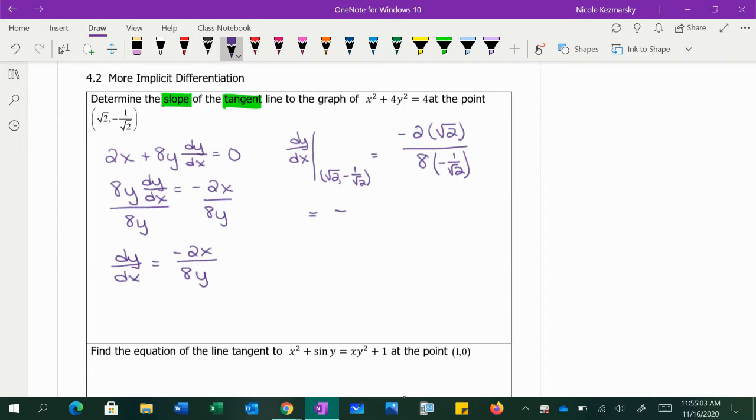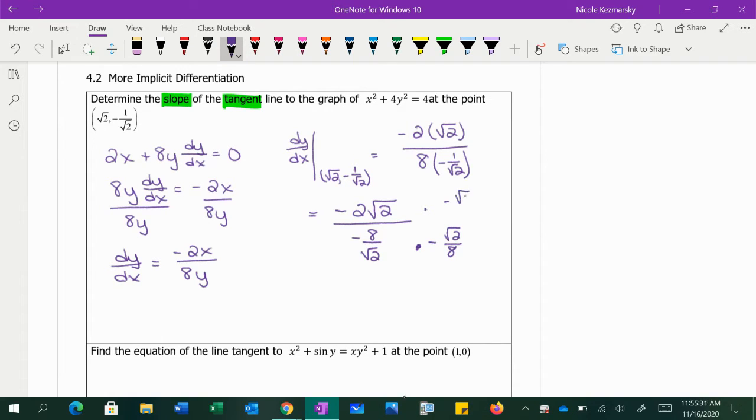So we could make the numerator negative 2 square root of 2. The denominator would become negative 8 over square root of 2. And then we could multiply top and bottom by the reciprocal of the denominator. So multiply top and bottom by negative square root of 2 over 8.